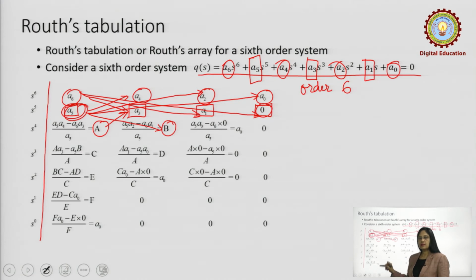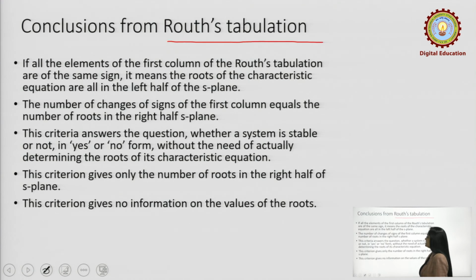Now, if there is a sign change from one element of the row to the next, then the system is unstable. That means there are roots lying in the right half of the S plane. When the roots are lying in the right half of the S plane, the system is unstable.